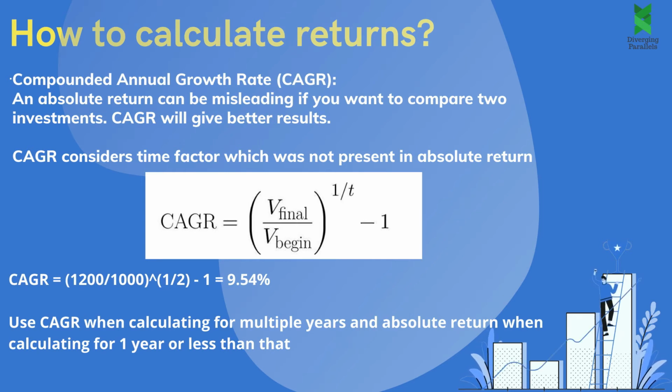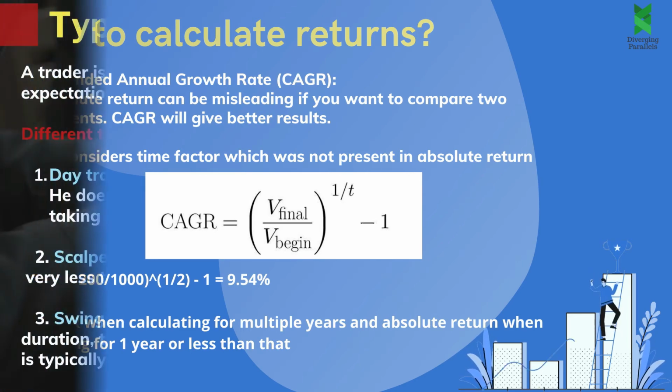In what case should we use CAGR and in what case should we use absolute return? When calculating for multiple years, we should always use CAGR because it takes into account the time period. And while calculating absolute return, we should calculate it only for 1 year. Suppose we are trading a stock for 1 year or less than 1 year, then we should use absolute return.